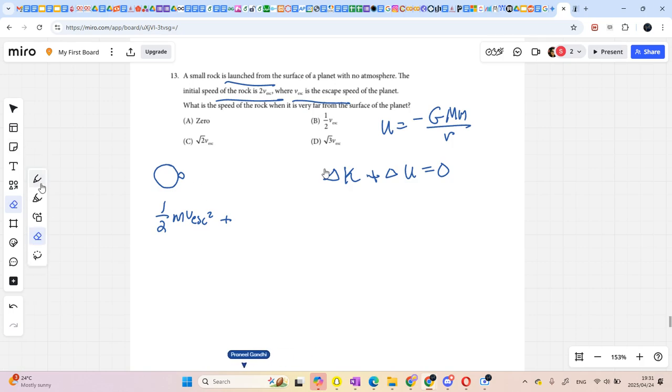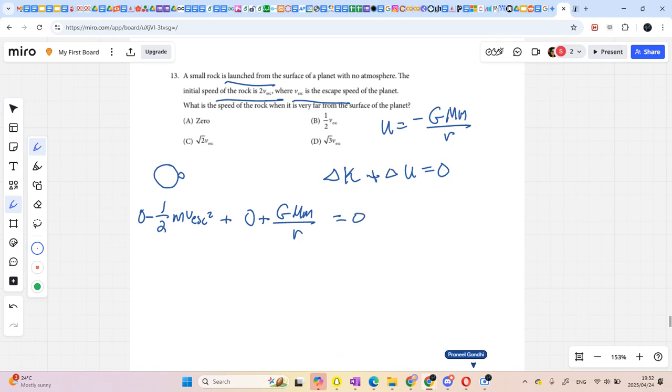Our final kinetic energy is going to be 0 minus that, and our initial gravitational potential energy is going to be, wait, I might be doing this wrong. Final minus initial, final 0 minus initial. No, never mind. Okay. 0 minus negative G M m over r. So that's going to end up just being 0 plus G M m over r is equal to 0.